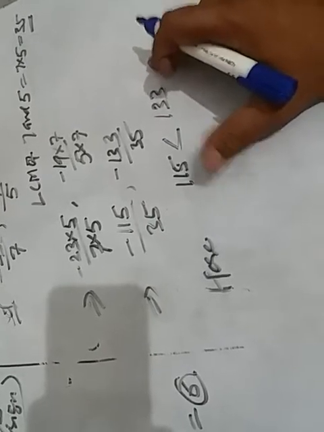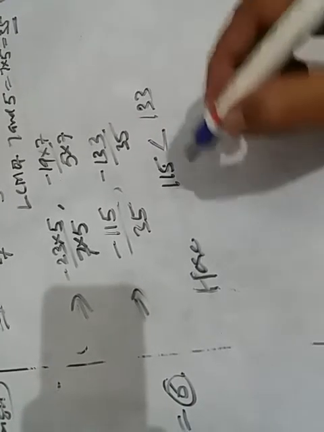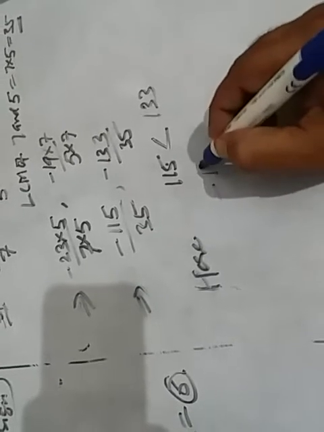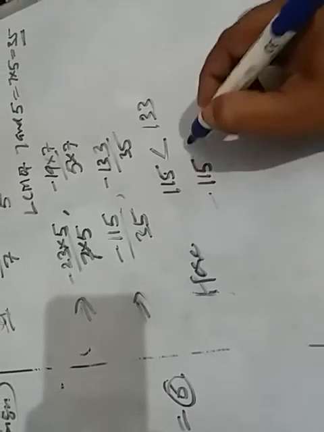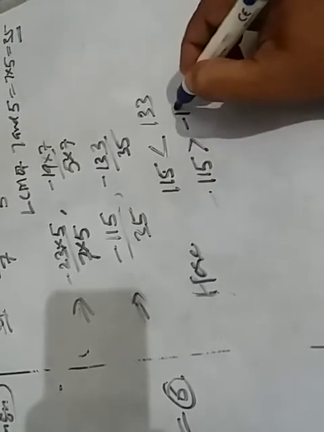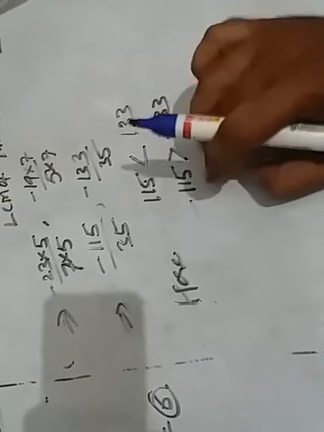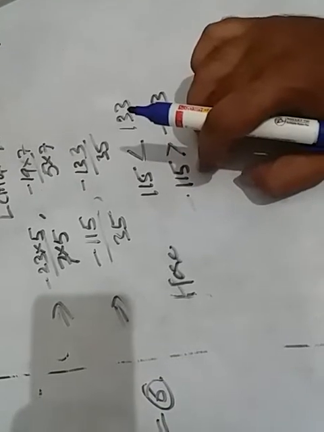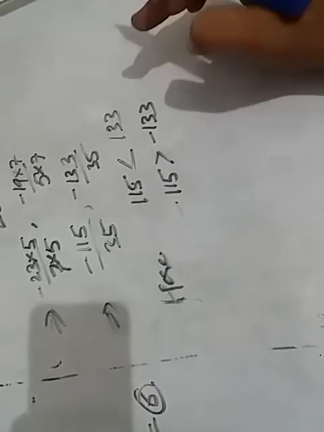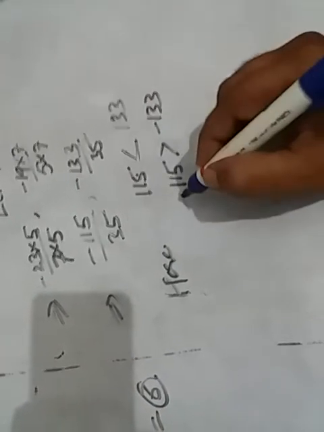But when we put the negative sign, minus 115 will be greater than minus 133. Why? Because on the number line, minus 115 is closer to 0 than minus 133.